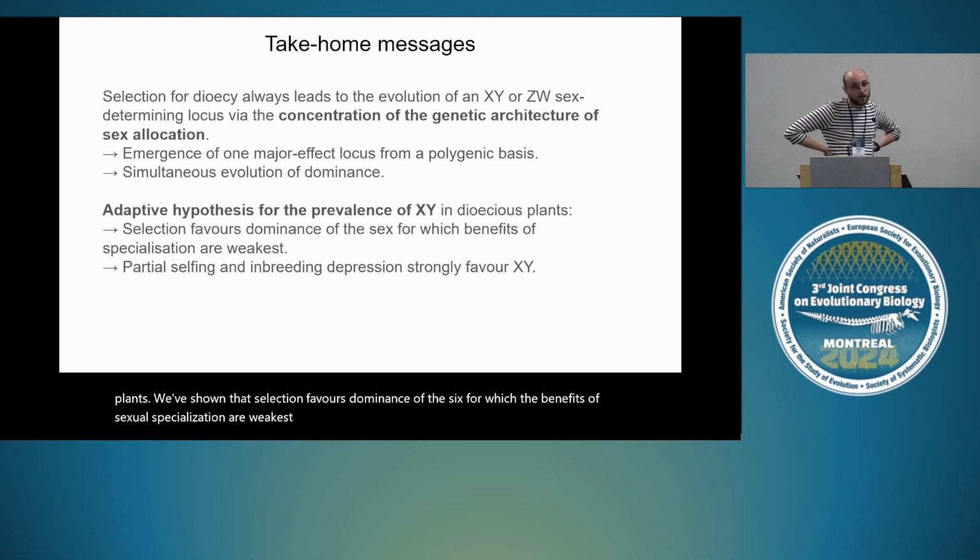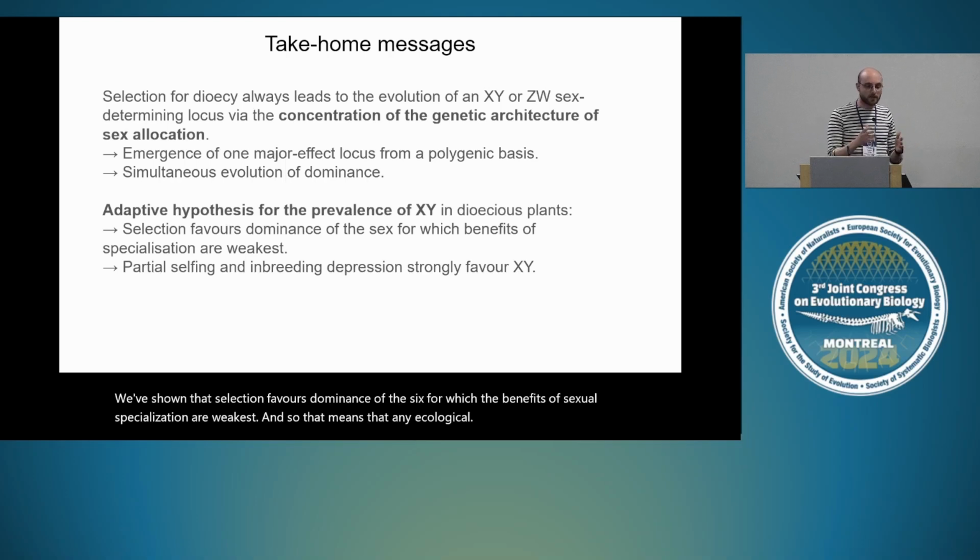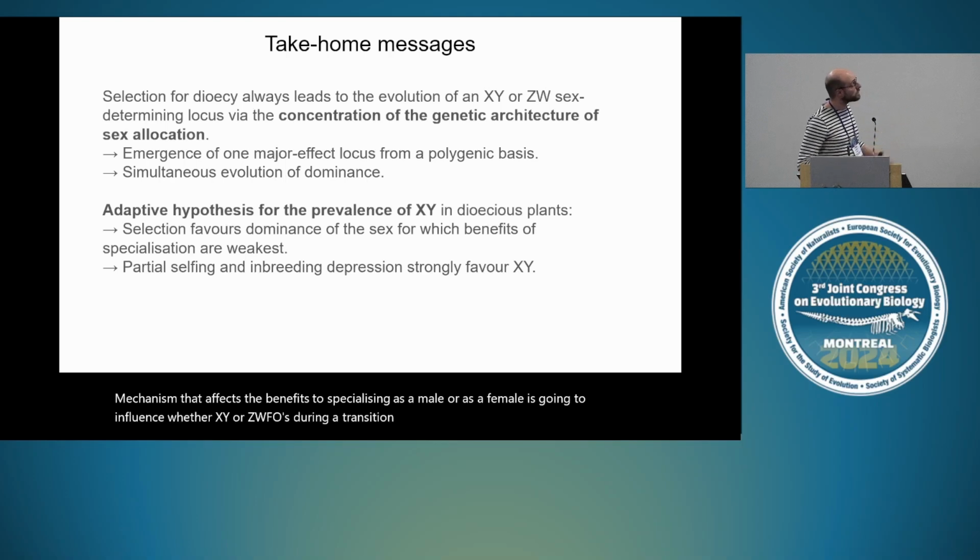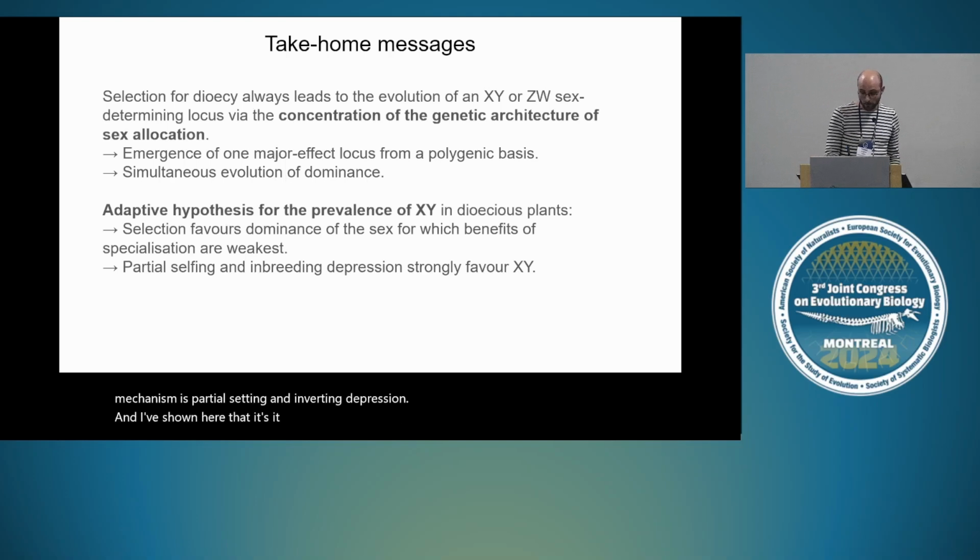And so that means that any ecological mechanism that affects the benefits of specializing as a male or as a female is going to influence whether XY or ZW evolves during a transition. And one very important such mechanism is partial selfing and inbreeding depression. And I've shown here that it appears to strongly favor XY systems. So, yeah, I'm done. Thank you for your attention.